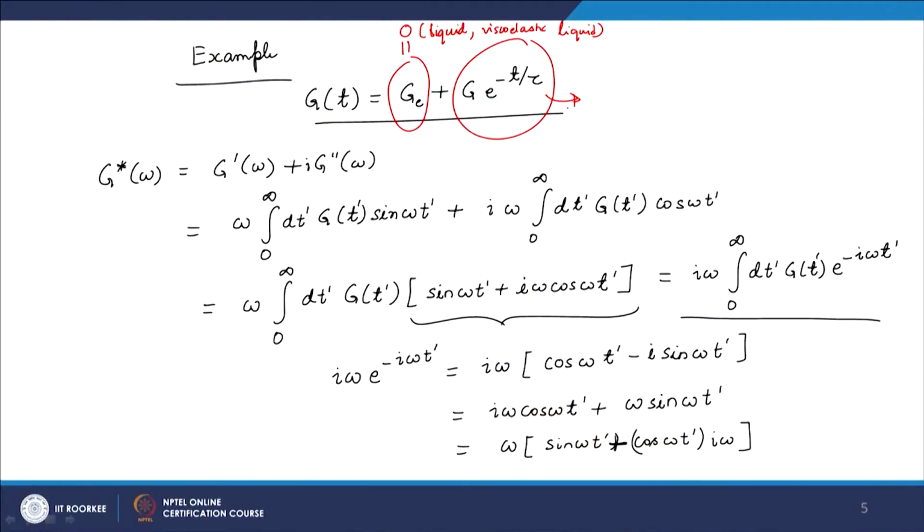The second term in any case characterizes the liquid nature of it, and the first term characterizes, more or less speaking, the solid nature of it.